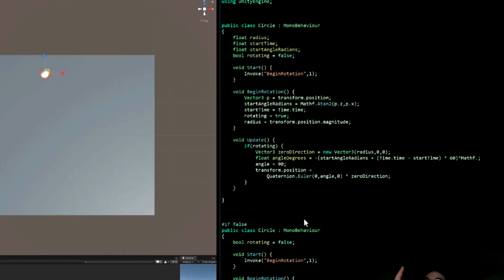Right, all of this I can multiply by Mathf dot... hang on a minute, because this 60 is in degrees.